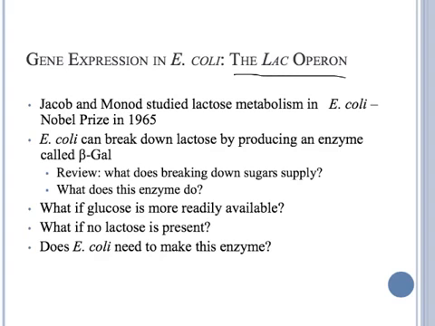The two scientists who studied this example, Jacob and Monod, in 1965, were looking at a protein in E. coli, a bacteria, and this protein breaks down lactose. If the bacteria eats lactose, it breaks it down into glucose and galactose and uses it for energy. This enzyme is called beta-gal, short for beta-galactosidase.